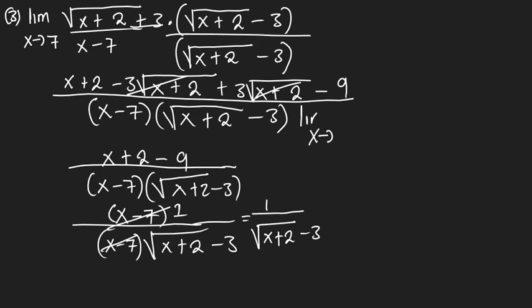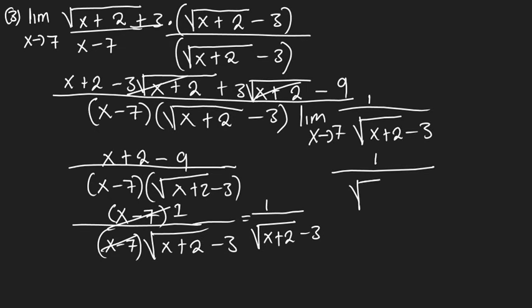we're taking the limit as x approaches 7 of 1 over the square root of x plus 2 minus 3. So I'm going to replace x with 7 here: 7 plus 2 minus 3. And this is going to give me 1 over the square root of 9 minus 3.